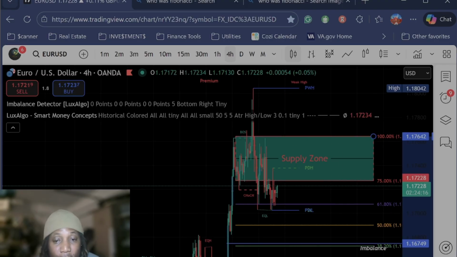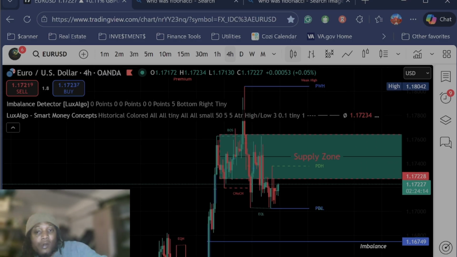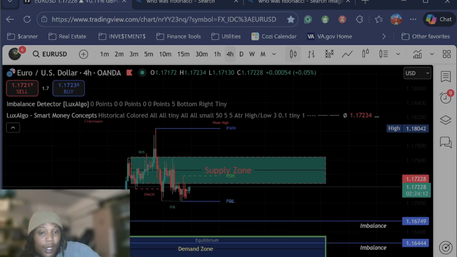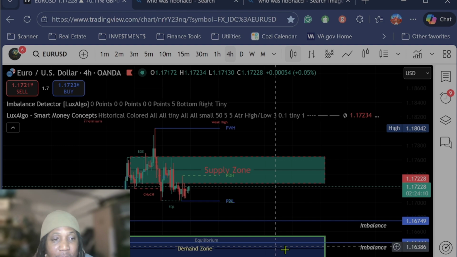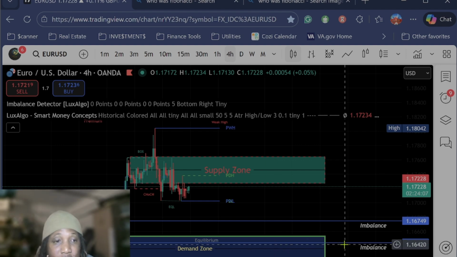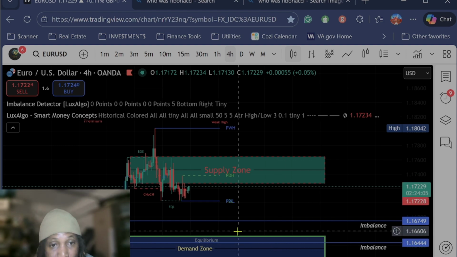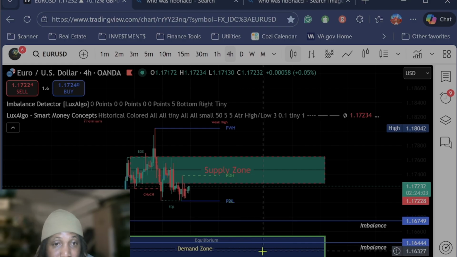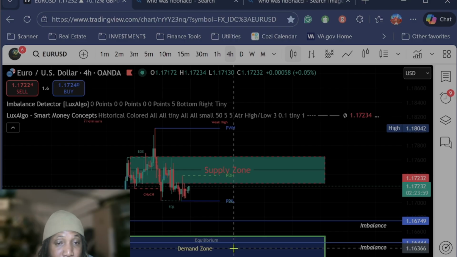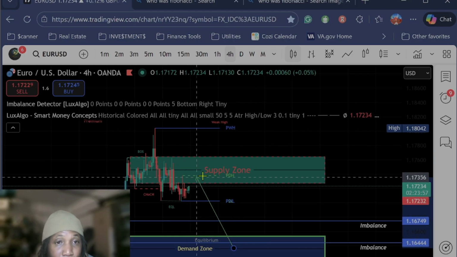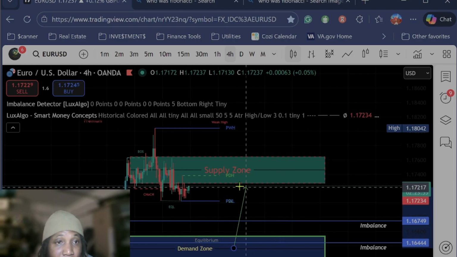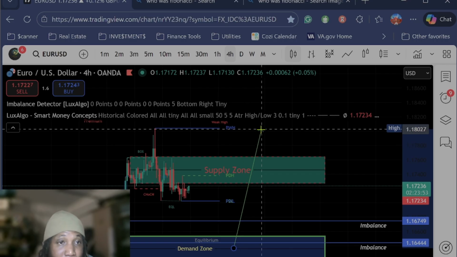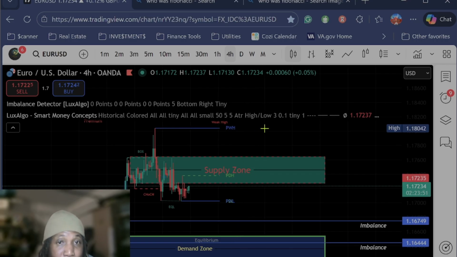I'm going to worry about the imbalance. So now look what we got. We got an imbalance right here in the demand zone. So price could return back to this location and go higher. Price could come in here and go higher, and I would take my target at the high.